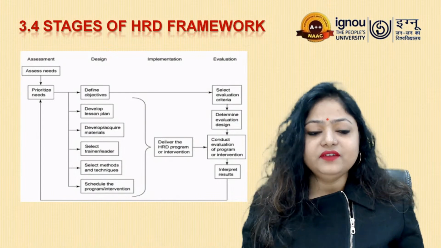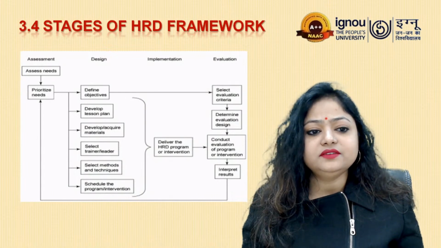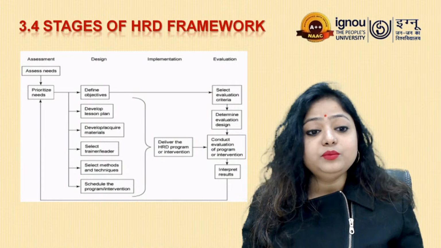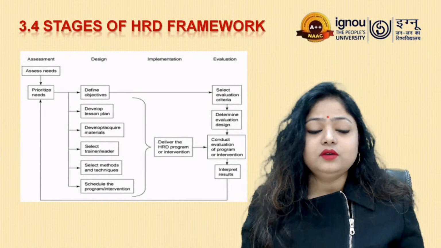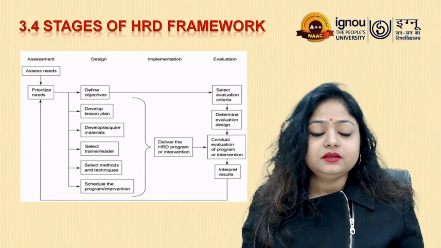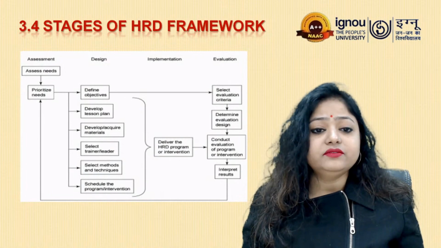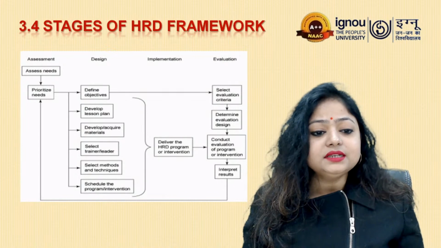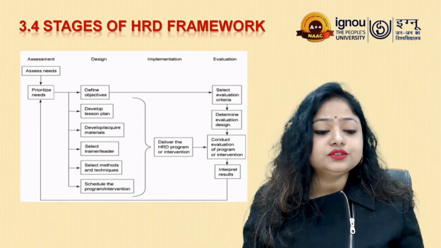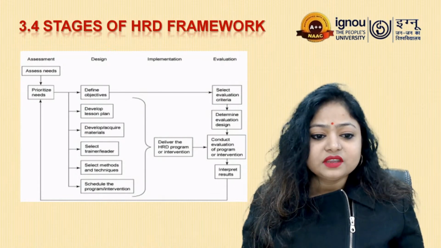So further we define the objective of the HRD function, then develop a lesson plan, how the entire training program or counseling or mentoring will be implemented, then select the leader, trainer, coach, or counselor.